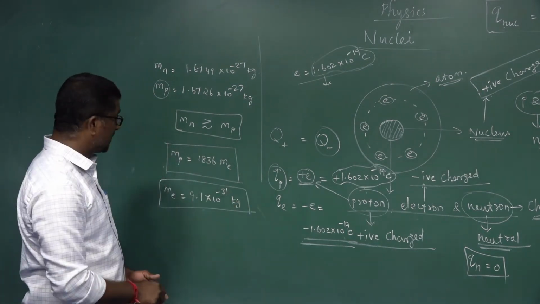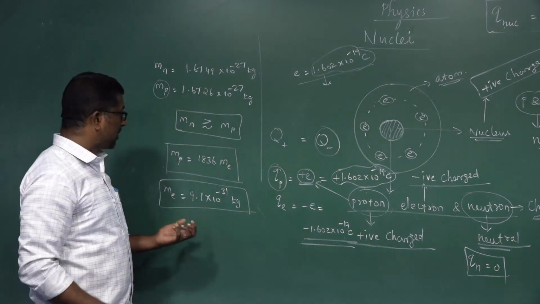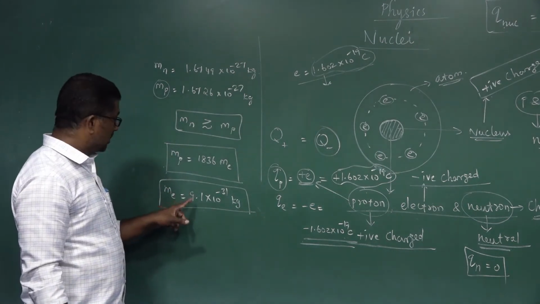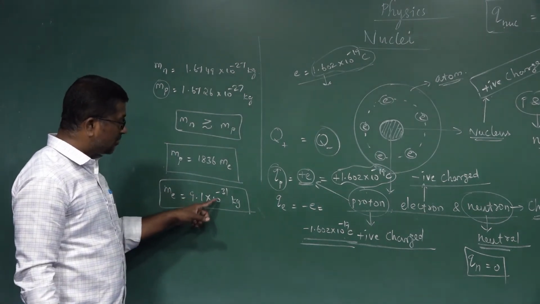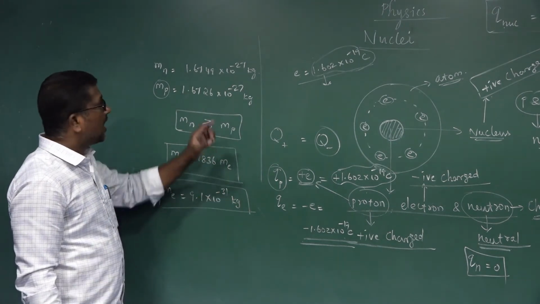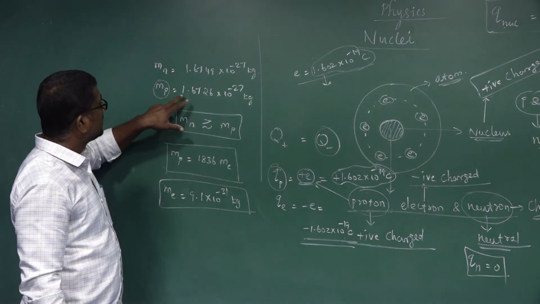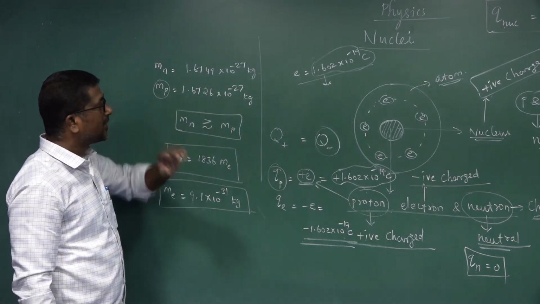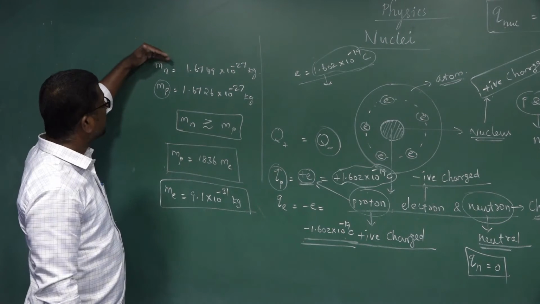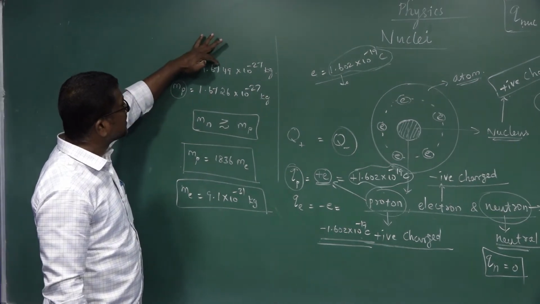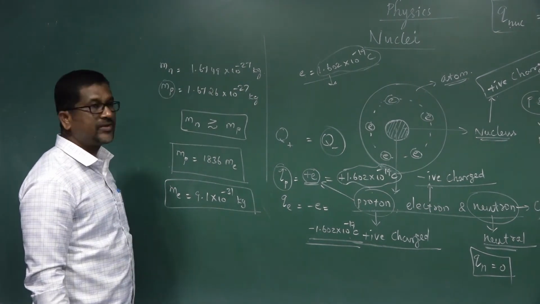In an atom, the smallest particle is the electron. Another particle of an atom is a proton, whose mass is 1.6726 into 10 power minus 27 kg. And another particle, the neutron, has mass 1.6749 into 10 power minus 27 kg.